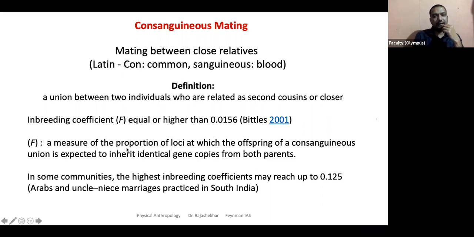Or a bit more technically, you can say people with inbreeding coefficient equal or higher than 0.0156. Inbreeding coefficient. Homozygosity. Remember, I was briefly talking to you about inbreeding coefficient. It is the probability of finding homozygous condition for a given gene. This can be calculated using inbreeding coefficient.